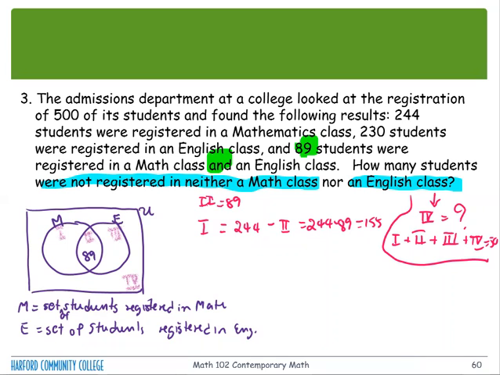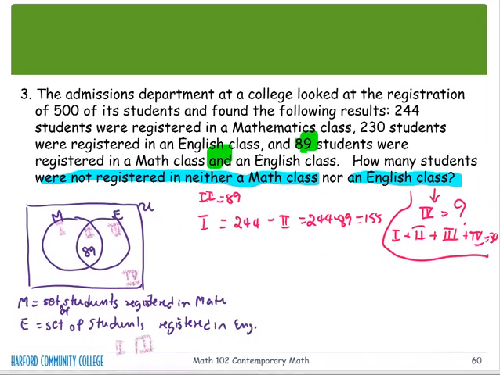For English, which covers region 2 and region 3, where M is regions 1 and 2, region 3 is 230 minus region 2, which is 230 minus 89, or 141. Now we have 155 for region 1 and 141 for region 3.